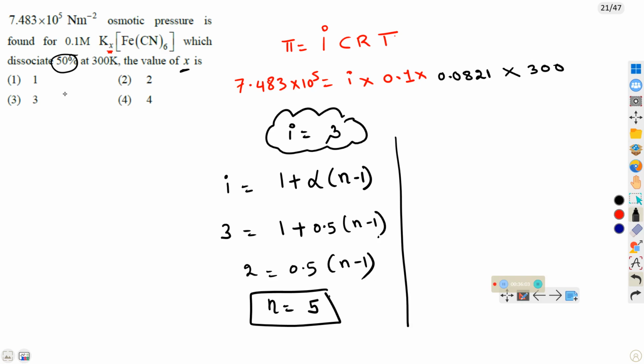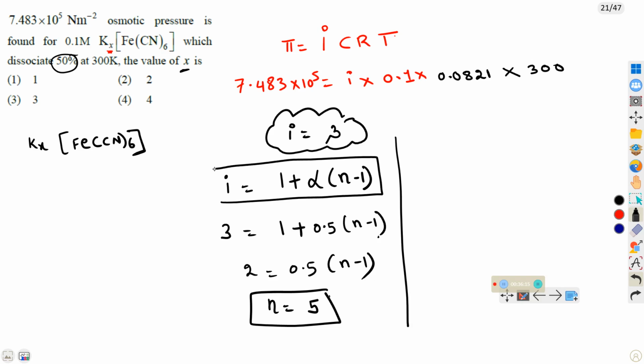Now you can dissociate this compound KxFe(CN)6. If it is dissociated, it gives x moles of K plus ion plus 1 mole of Fe(CN)6 minus ion.